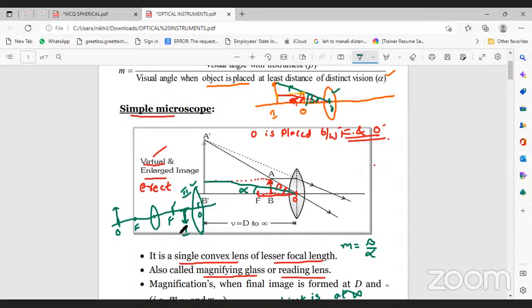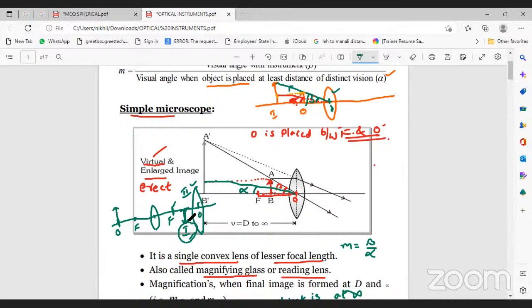Yes, sir. Now, can you tell me where the image of this is going to be formed? Is it real or virtual? First, you tell me that. Virtual. Virtual means it has to form on the same side, right? Yes, sir. The image is on the left side.